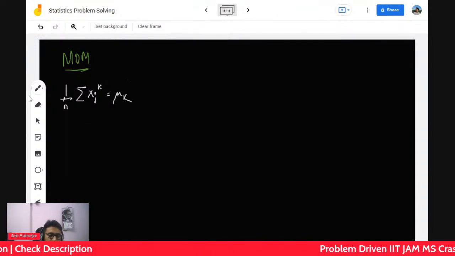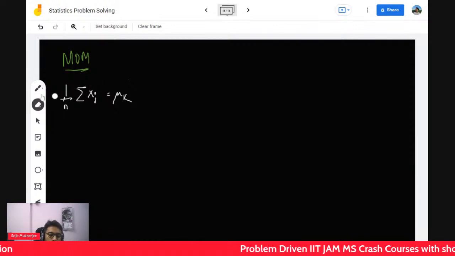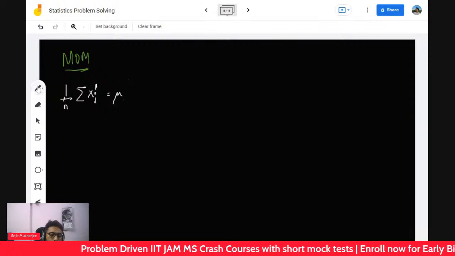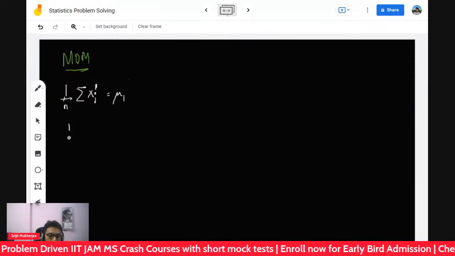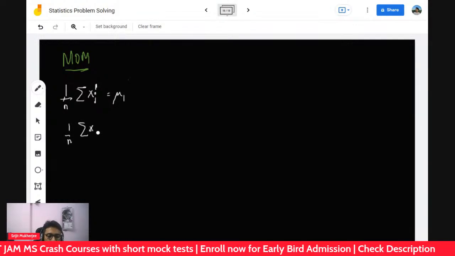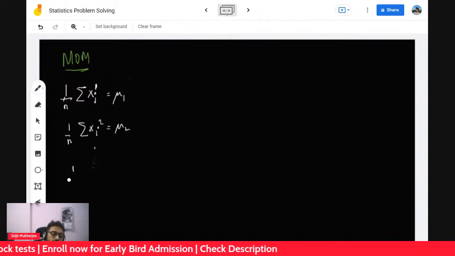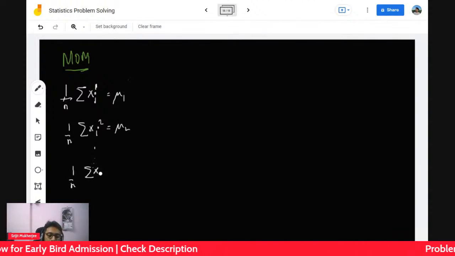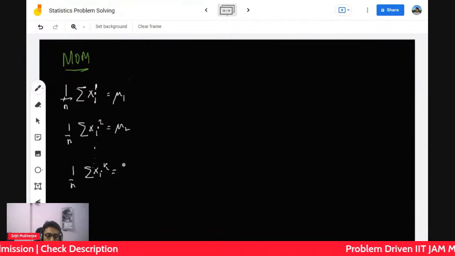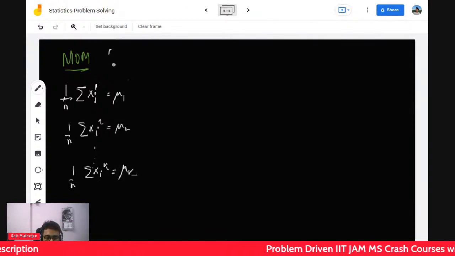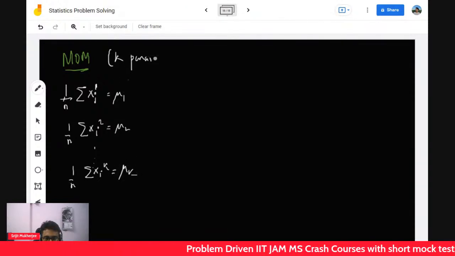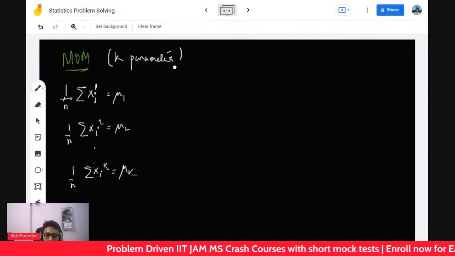We're doing it first for 1, then for 2, and it goes on till the k parameters. Let's say k parameters are there. This is the equation, right?